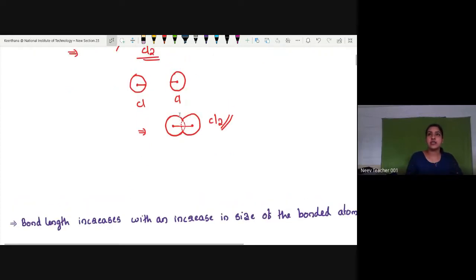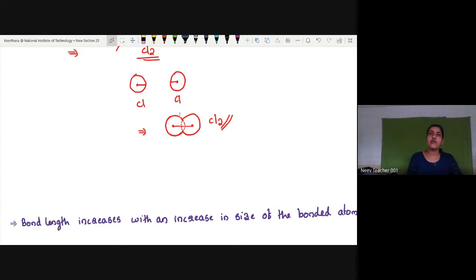So in that case, we introduce the term covalent radii or covalent radius. We introduce covalent radius in order to find the covalent bond length.